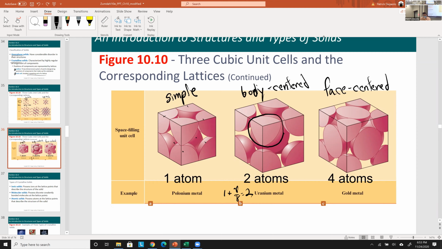Plus original from the corners. Yeah, you're getting there. Harrison's got it. You're on a roll today. 1 from the corners plus 3 from the faces.